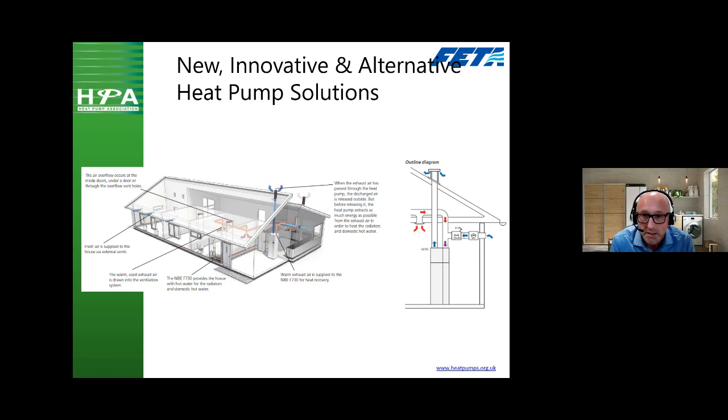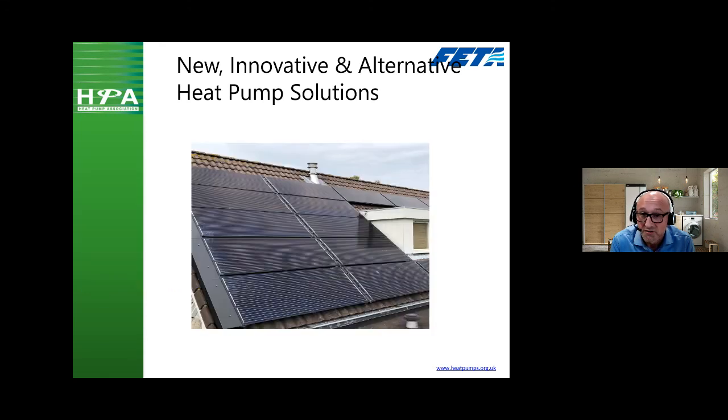Sam? And then other innovative ones are things like a mixture of systems with PV and PVT. Another way, as we saw with ground source, one of the barriers is the cost, and also burying pipes in the ground.